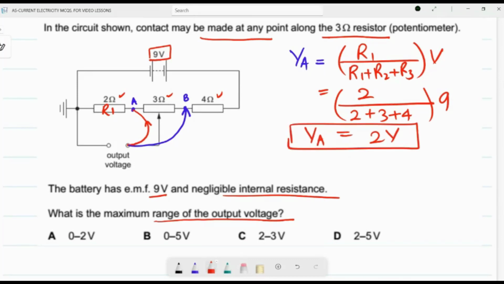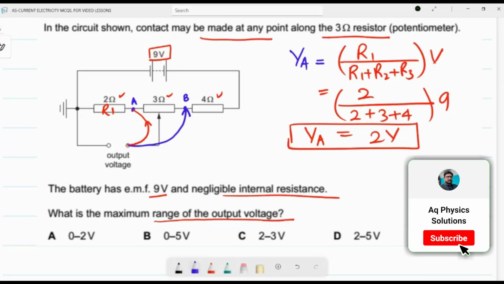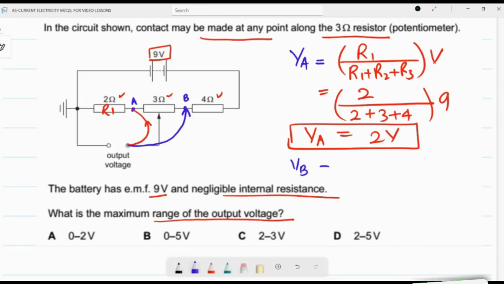Now let's talk about VB. So VB is actually, now when you have selected this point B, how much resistance is inside the circuit? These two resistors are inside the circuit.